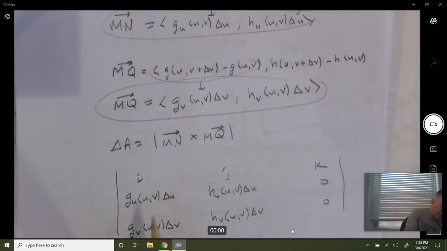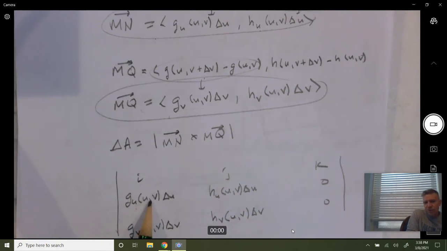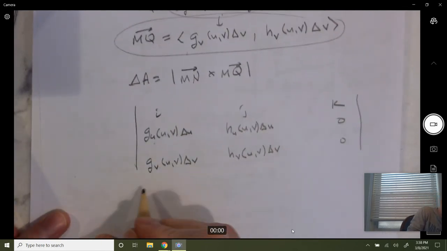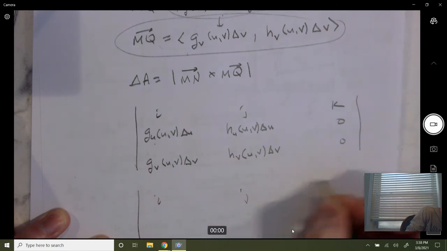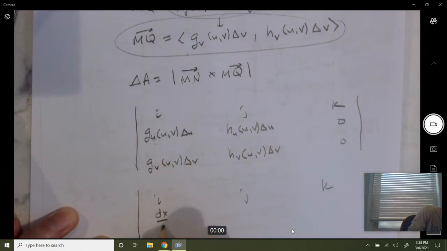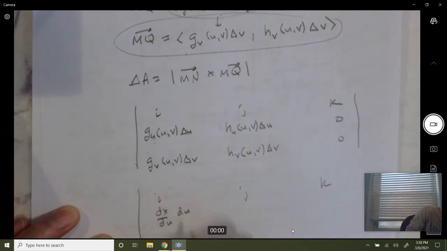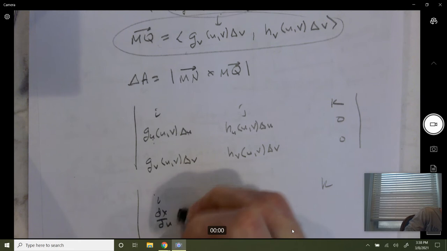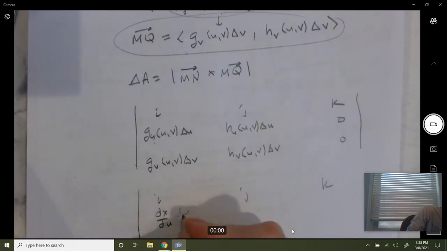Okay, another way to write this, because remember what this is. G is your x function. G of uv is really just your x value as a function of u and v. So I'm going to rewrite this as I, j, k. This is just dx du, and there's your du. I'll still call it delta u. Okay, I'll just call it a delta u until the very end.